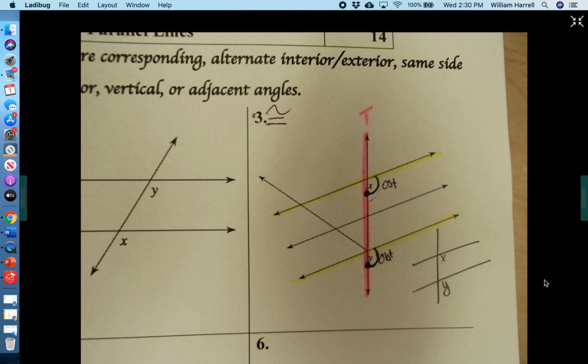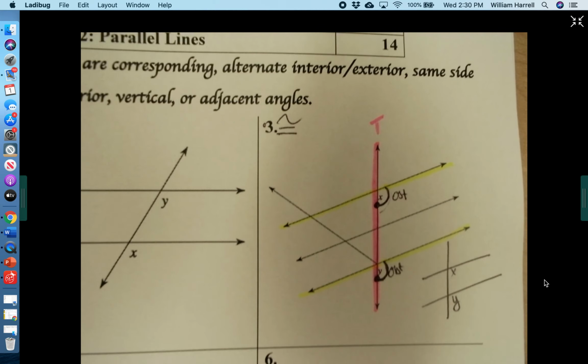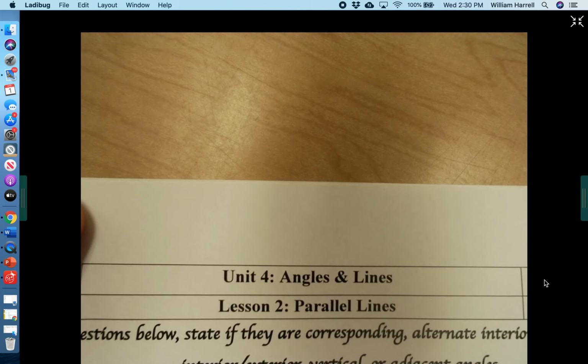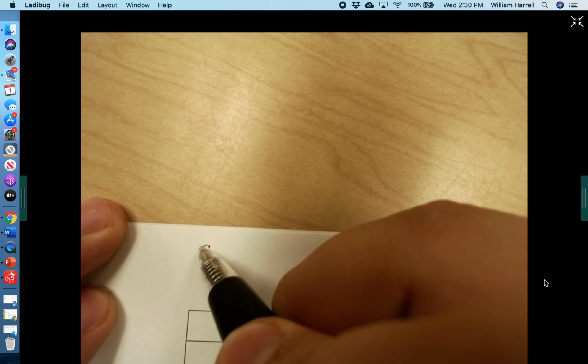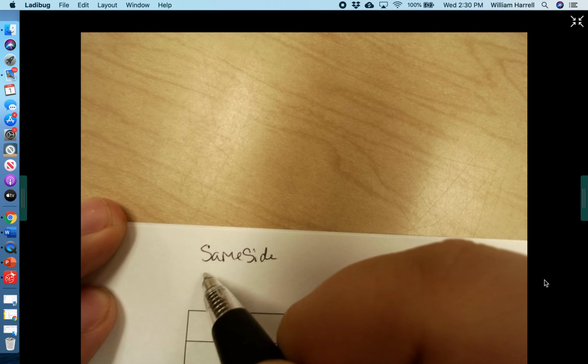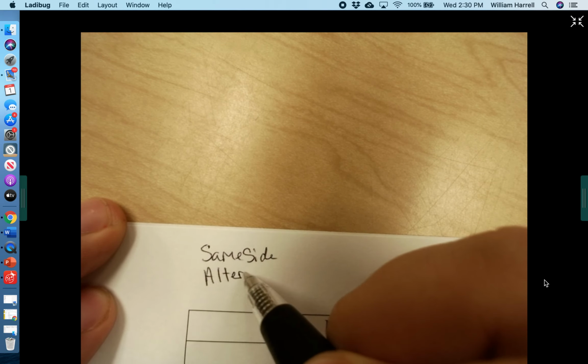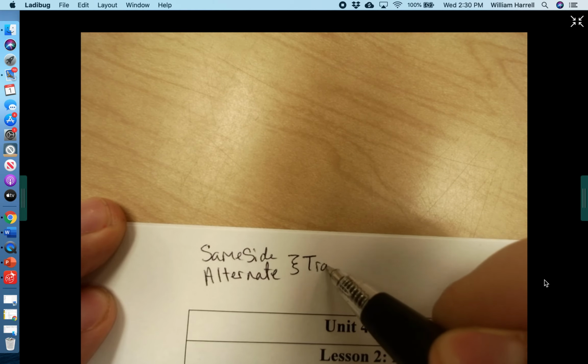When you name angles in parallel lines, where the pieces of the names come from is related to the transversal and parallel lines. So I'm going to come up here and make a couple of quick notes. Same side and alternate. This is based on the transversal.